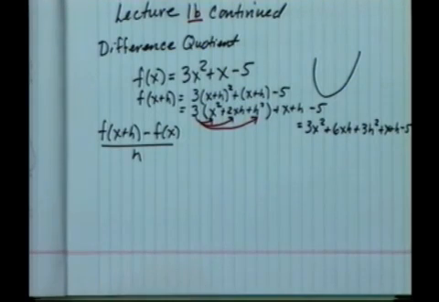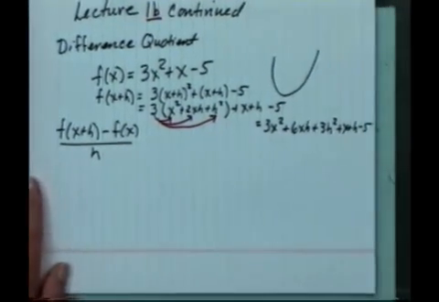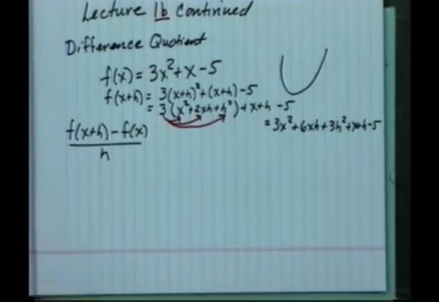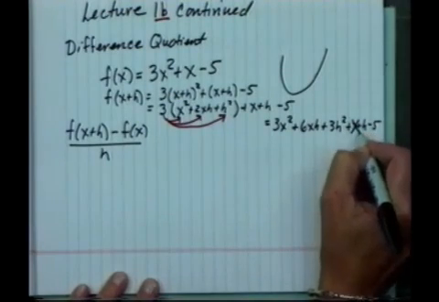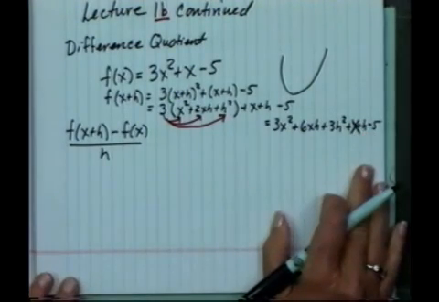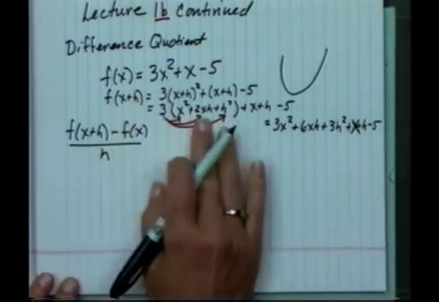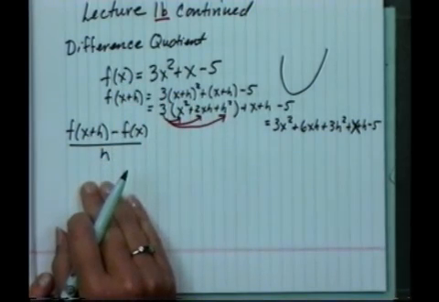You've got to be careful and write neat enough so that you don't lose anything. Everybody okay with f of x plus h? If you get that done first before you make the substitutions, I think you'll make fewer errors.